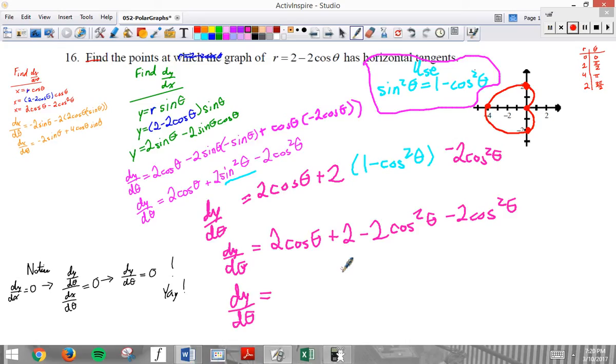I'm going to put the squares out front. Negative 4 cosine squared theta plus 2 cosine theta plus 2. Boom. It's quadratic. You should notice that. I'm going to factor.